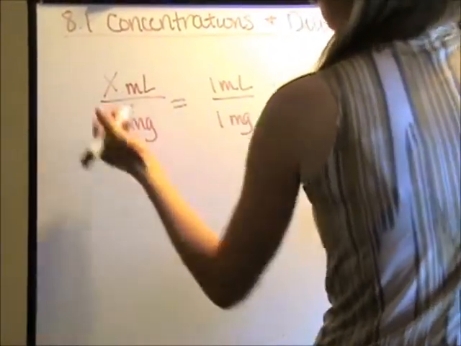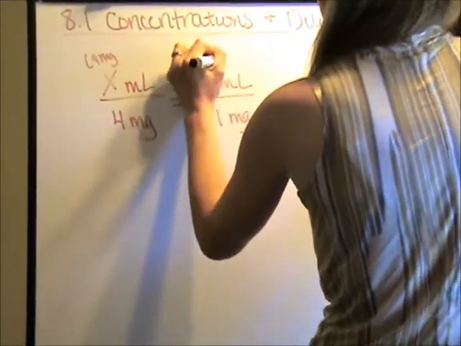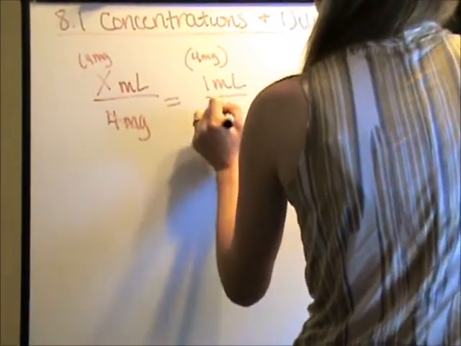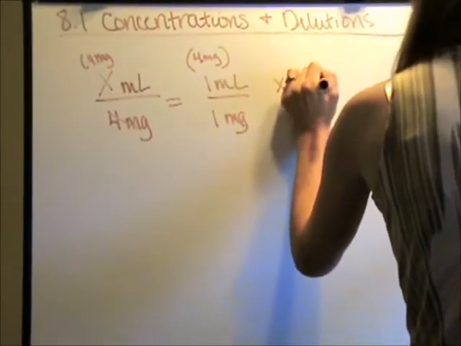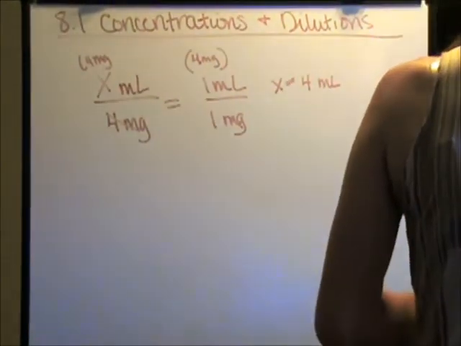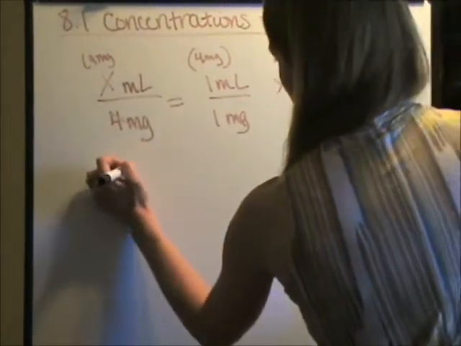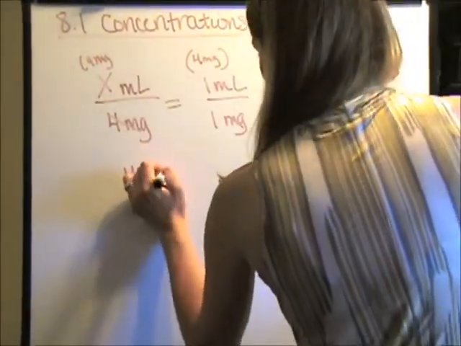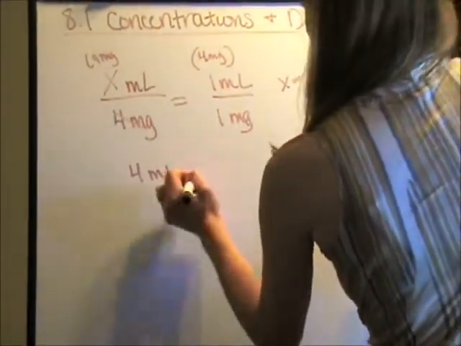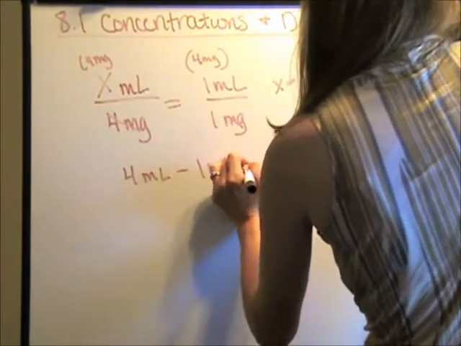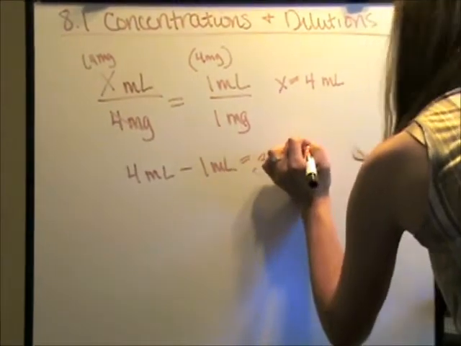And we're just going to solve for X. Four divided by 1, so X is going to equal 4 milliliters. So now that we know what the total volume is, we already know that it's 4 milliliters, and we know that the concentrate is going to be 1 milliliter. We know that we need 3 milliliters of diluent.